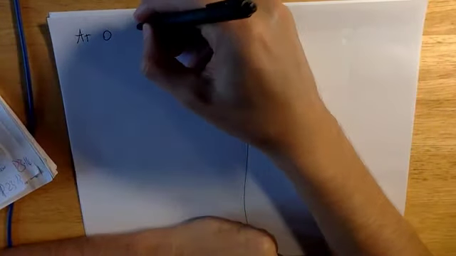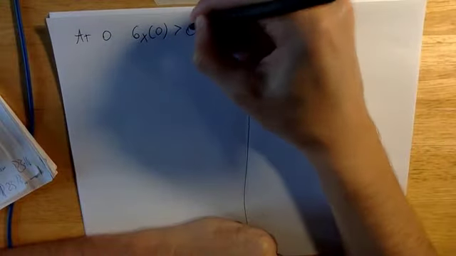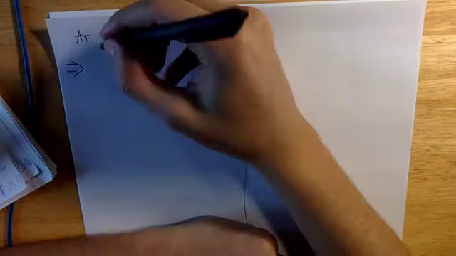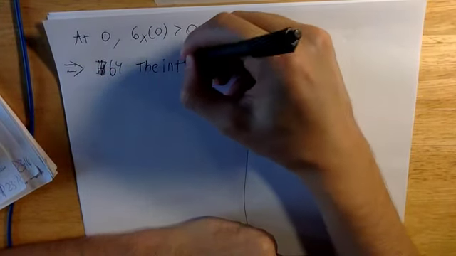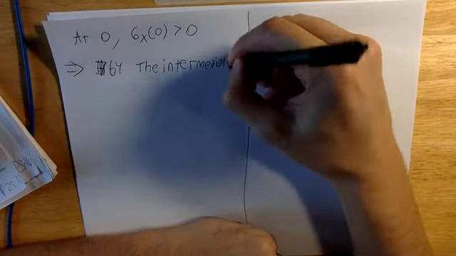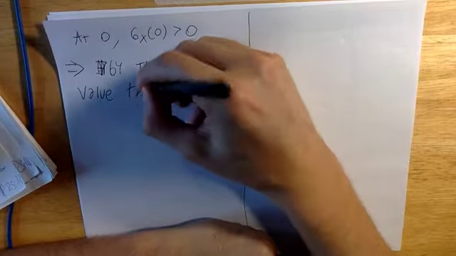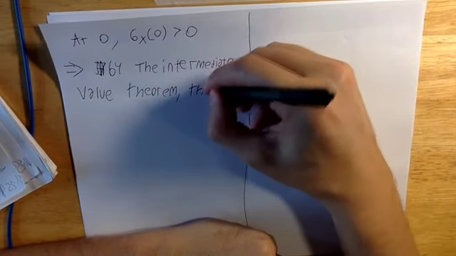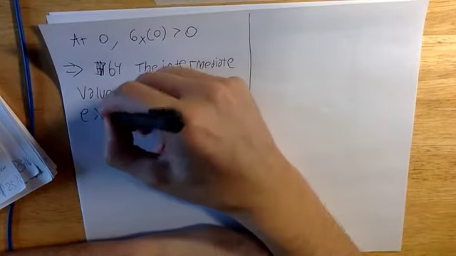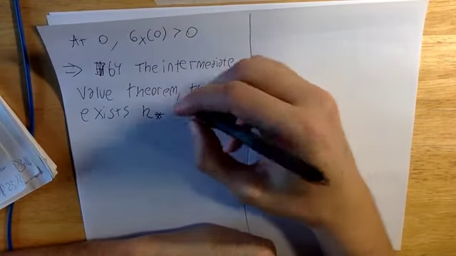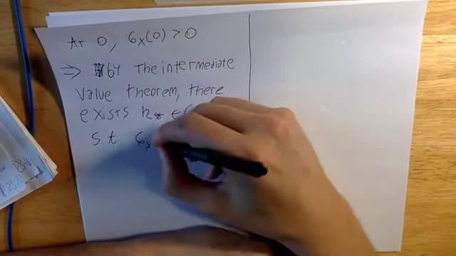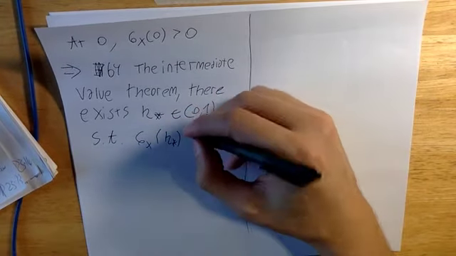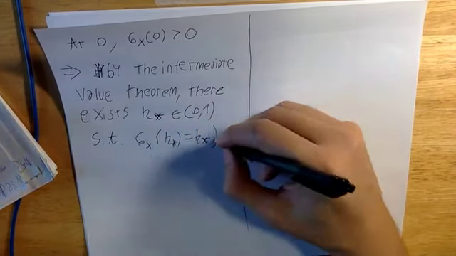At 0, g x of 0 is bigger than 0, then there exists by the intermediate value theorem, there exists eta star in between the 0, 1, such that g x of eta star is equal to eta star.